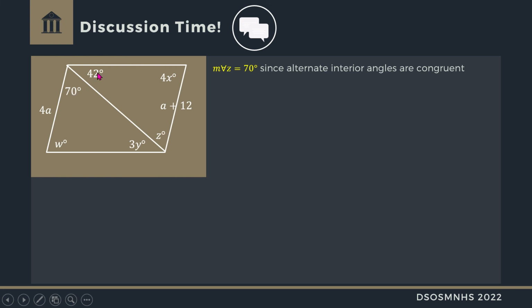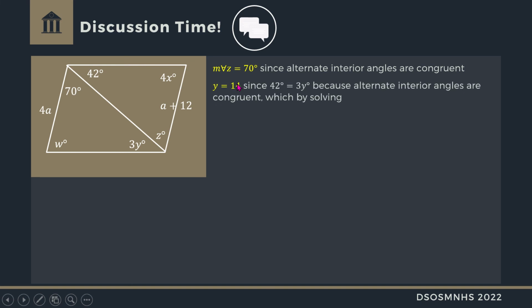Kani pong 42 degrees, yang katbang ana sa ubos ang 3y degrees, yung kapareha. So, one reason nga ang angle Z is 70 degrees because alternate interior angles are congruent.